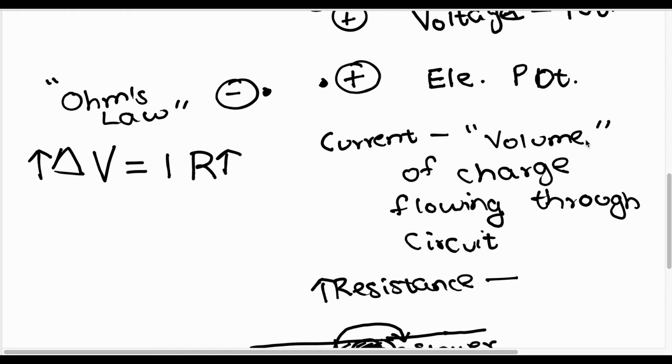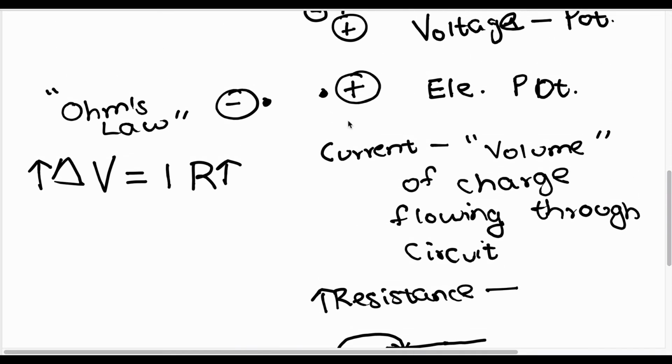And now let's go over the units. We have voltage, and voltage is measured in volts, represented with a big V, because little v generally is used for velocity.